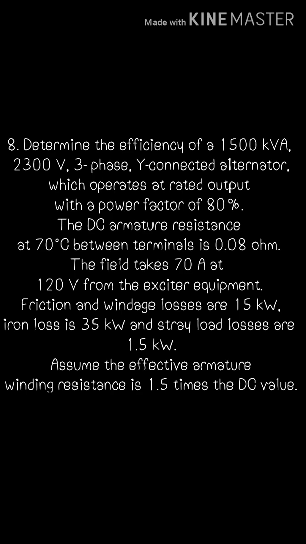Friction and windage losses are 15 kilowatts. Iron loss is 35 kilowatts and stray load losses are 1.5 kilowatts. Assume the effective armature winding resistance is 1.5 times the DC value.